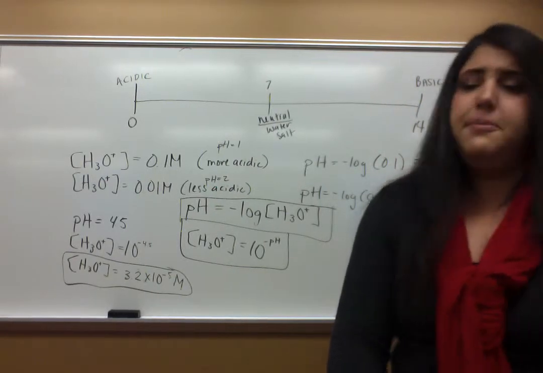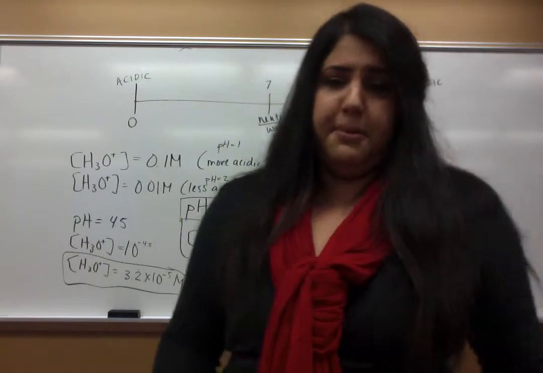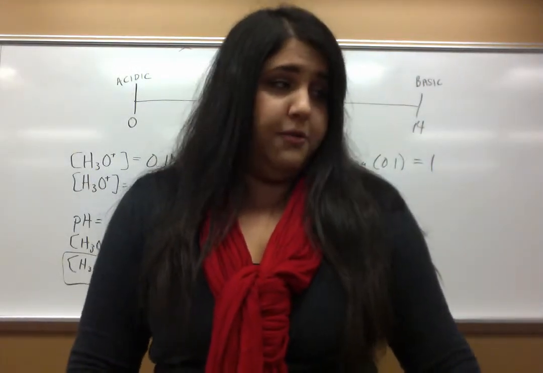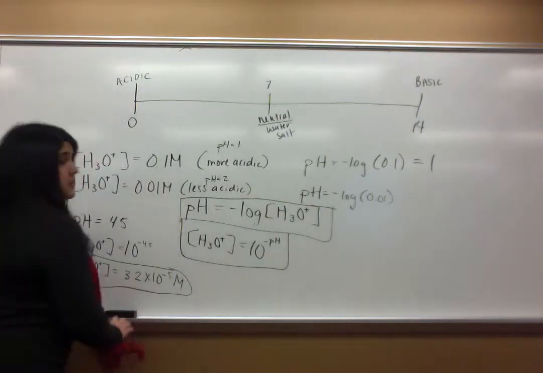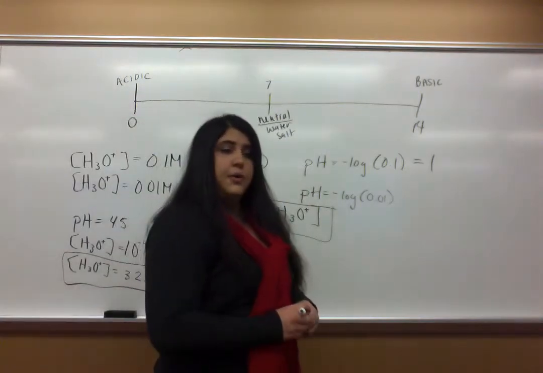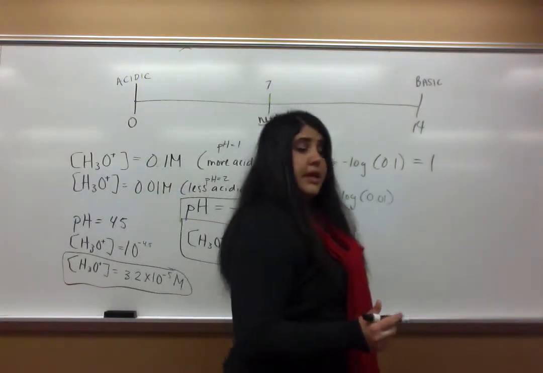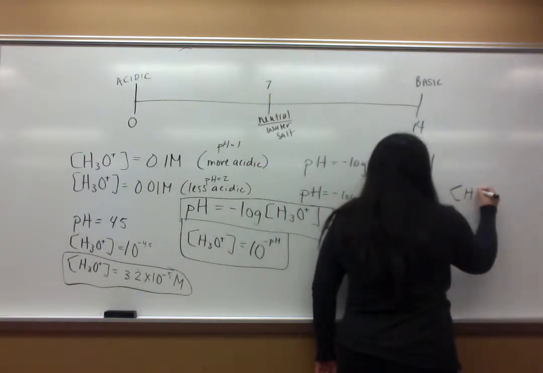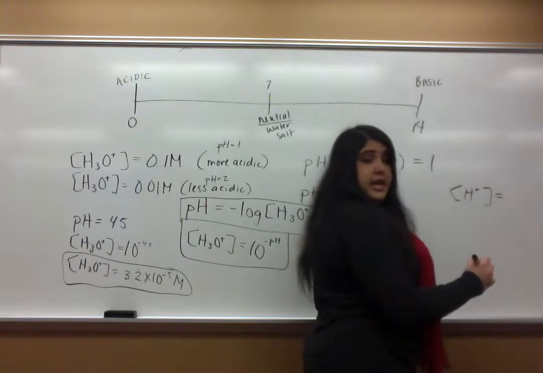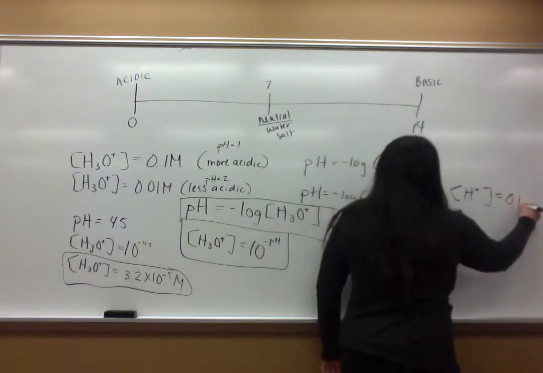Now, trying a couple of the problems, you should see a couple of problems, and I actually added an extra one for you. So, the first problem up there asked us, what would be the pH of a 0.1 molarity H+ solution? So I've got H+ concentration equal to 0.1 molarity.